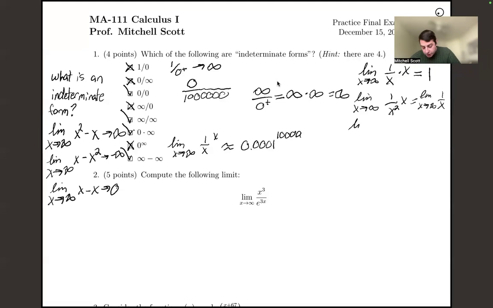But again, we could just play around with these powers and do 1 over x times x squared. Obviously, this is again a 0 times infinity limit, but this time the behavior is much different, and it's going to go to infinity.